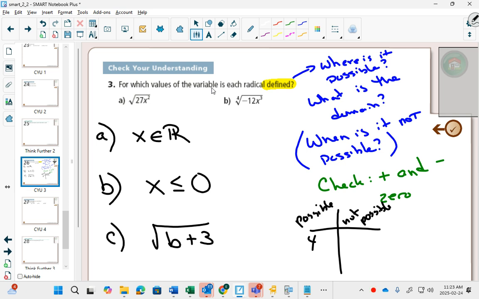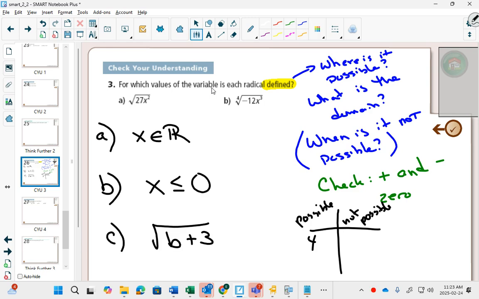So we have the square root of b plus 3. You're telling me a value that I put in here that when I simplify it, it's impossible and doesn't work. If I plug in 2, I'll get 2 plus 3, which is 5. And that's still okay because I can square root positive. But what can't I square root?